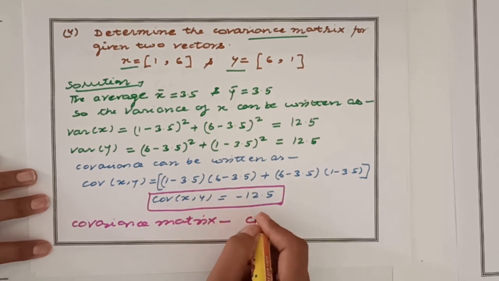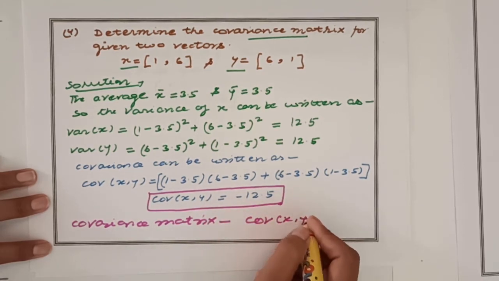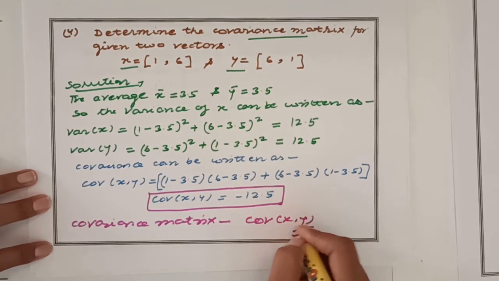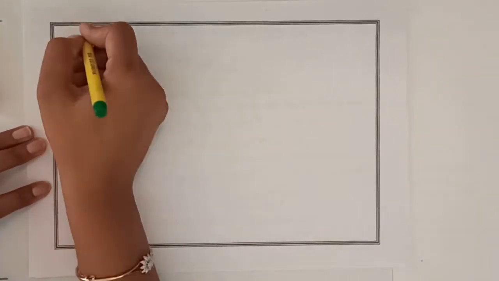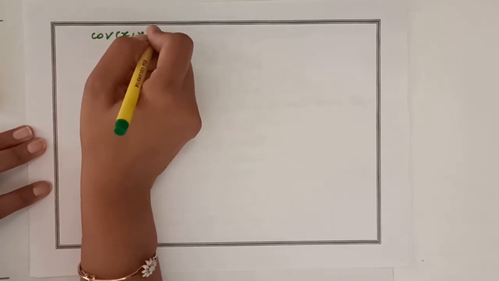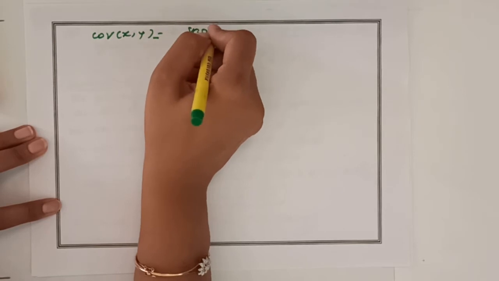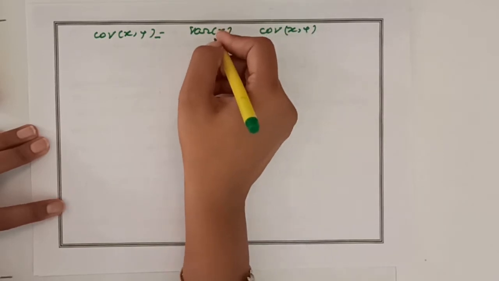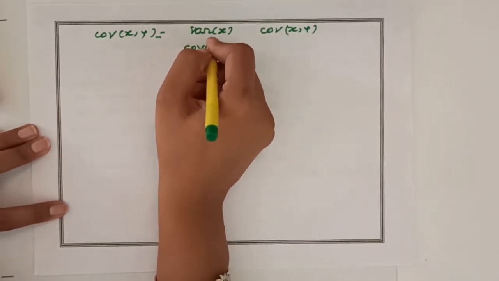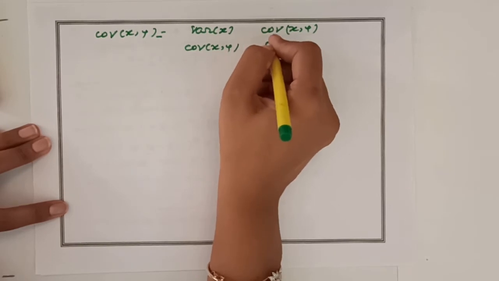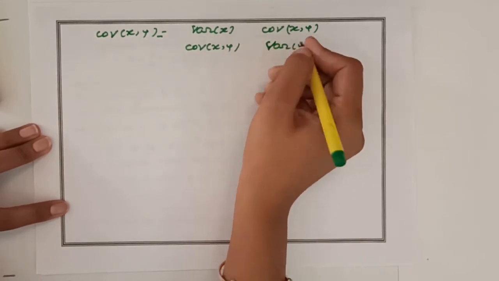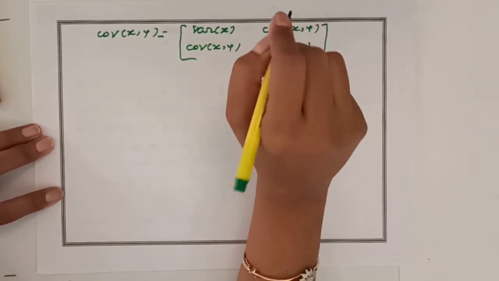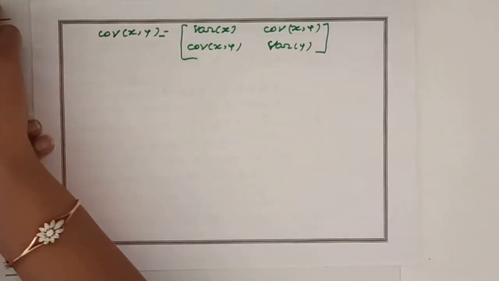Covariance matrix is written as, this is equal to, see, variance of x, covariance of x comma y, covariance of x comma y, and variance of y. Now just you have to substitute the values.